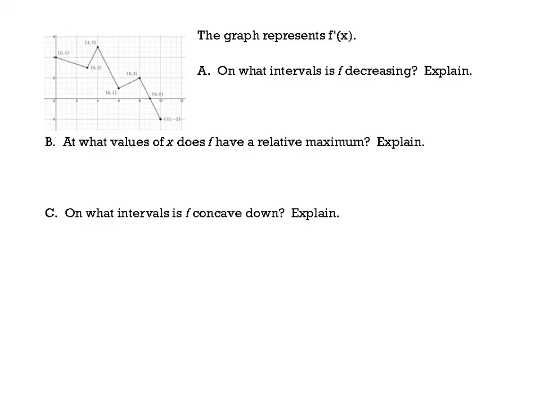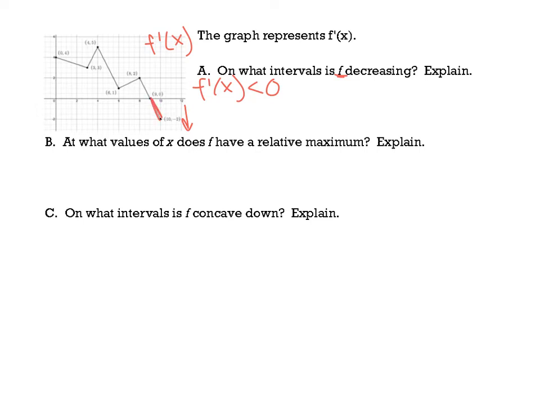Here is a graph that we are given, and we are told that this graph represents f prime of x. So the first question is, on what intervals is f decreasing? And we just talked about that your original function is going to be decreasing wherever your first derivative is less than 0. So on our graph of the first derivative, that's going to be happening wherever the graph is below the x-axis, wherever it's in those negative values.